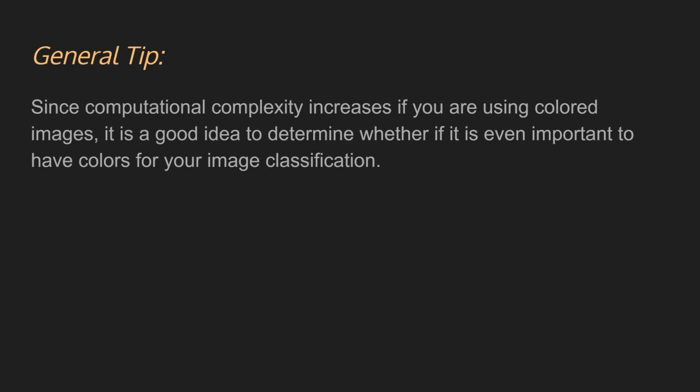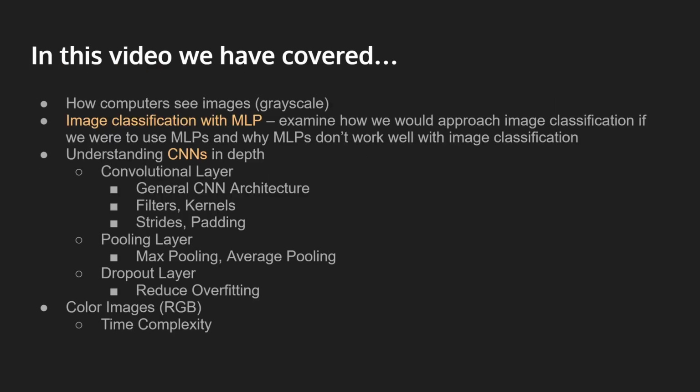We only care about what digit it represents. In that case, we can turn it into a grayscale image, which means a black and white image. That will actually reduce the time complexity, okay? That's something important that you have to keep in mind as a deep learning engineer or machine learning engineer, right?